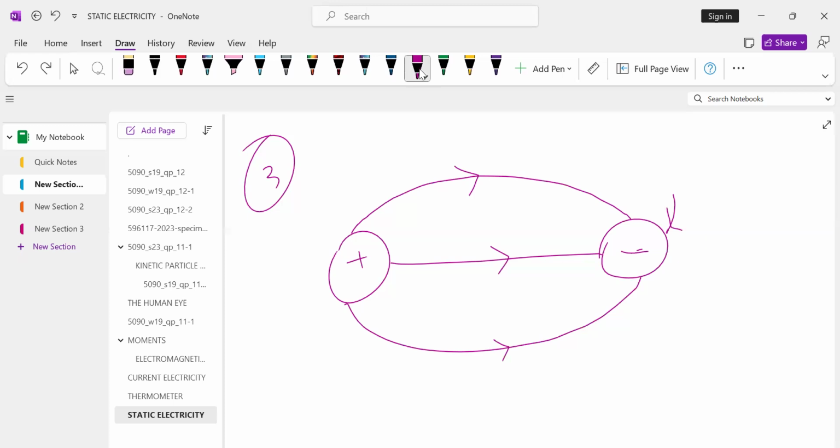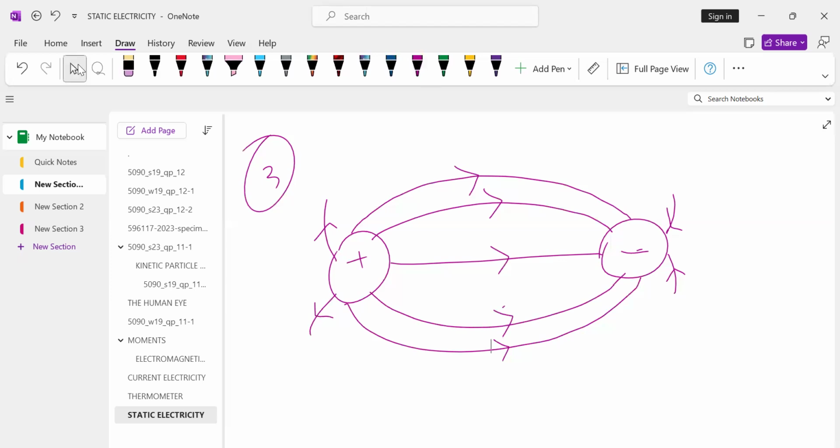So electric field lines are coming in. However, this is a positive charge, so electric field lines are going out. So this is the electric field line for positive and negative charge together.